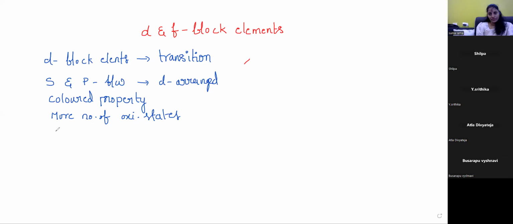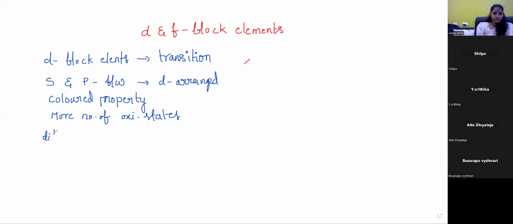How can you identify that a particular element is a D block element? You all know very well that when the differentiating electron enters into the D orbital, that is known as a D block element.